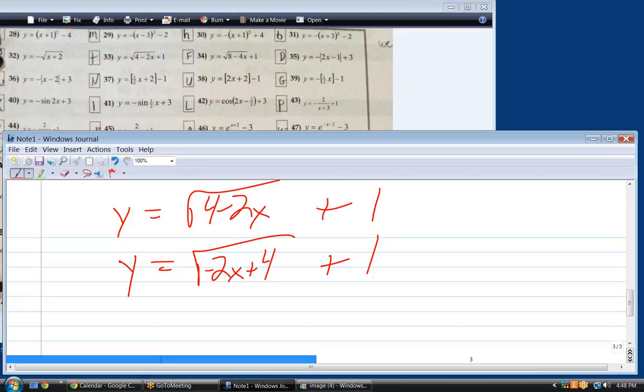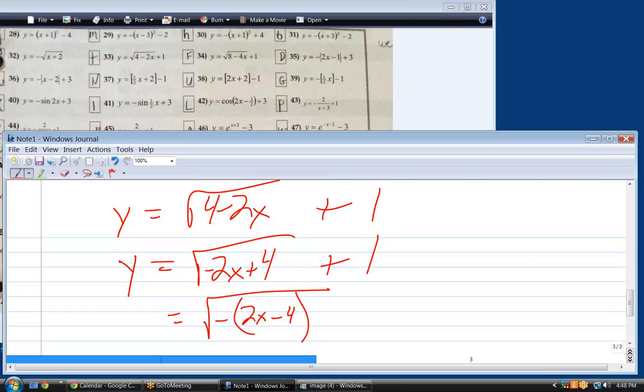Okay. Almost correct. I really have to rewrite this, and this is the hardest part about translations, as minus, in parentheses, 2x minus 4. That would tell me that I am reflecting over the y-axis. Okay?